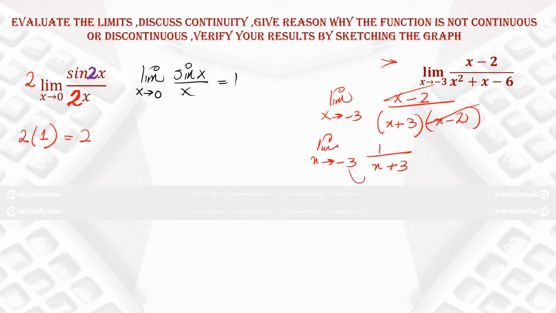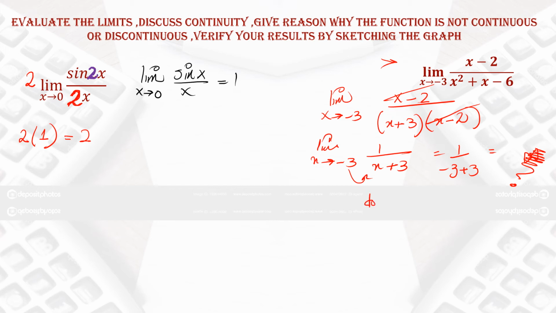Now if I apply the limit here, negative 3 plus 3, of course I will get an error. And I told you whenever we have an error, we write infinity. Now, whether it is positive infinity or negative infinity, we have to sort out. And then the limit from both sides doesn't exist because of unbounded behavior.